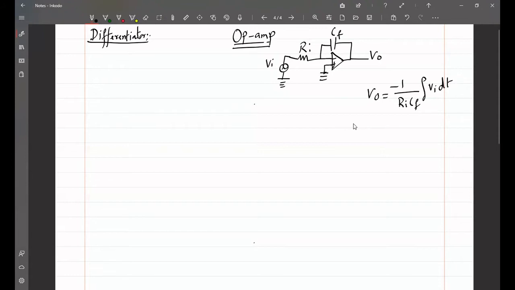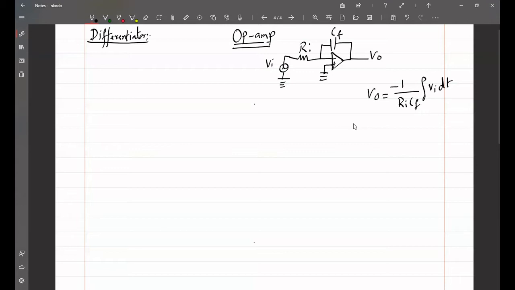Now in this differentiator circuit, we are going to do a similar operation, find out the output voltage, and look at some examples for the differentiator circuit. Before getting into that, what is the role of the differentiator in an op-amp? The rate at which the input changes will be identified using this differentiator circuit.